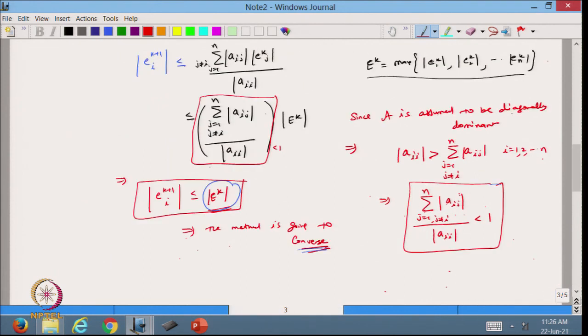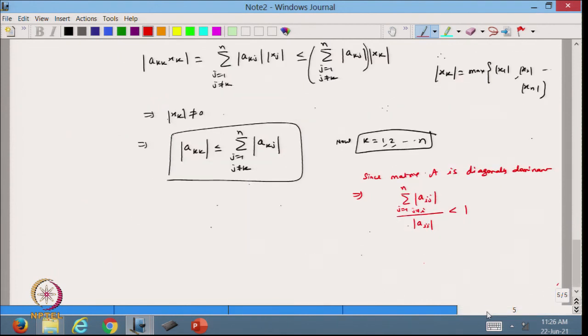I have just written this value, but here it is this one.